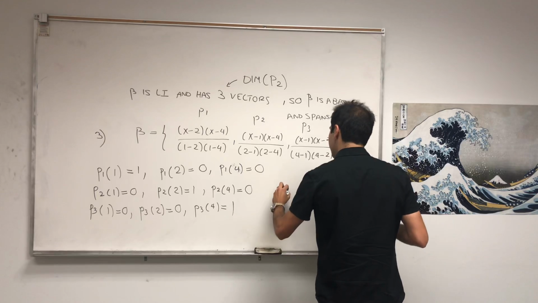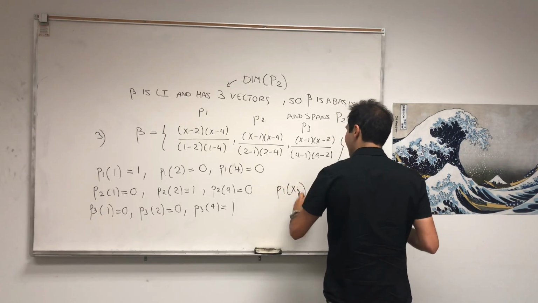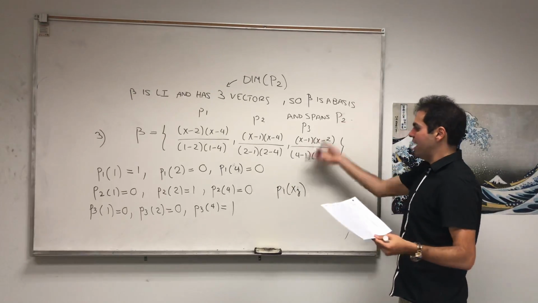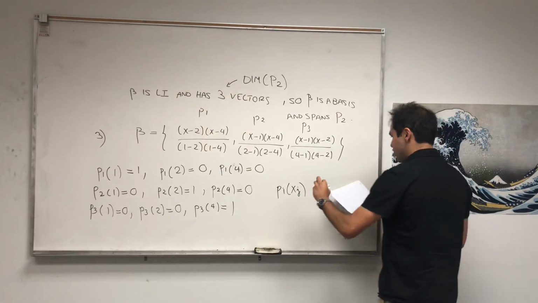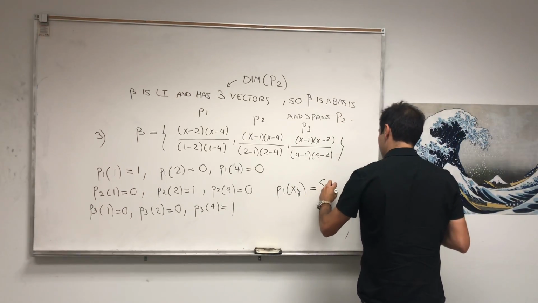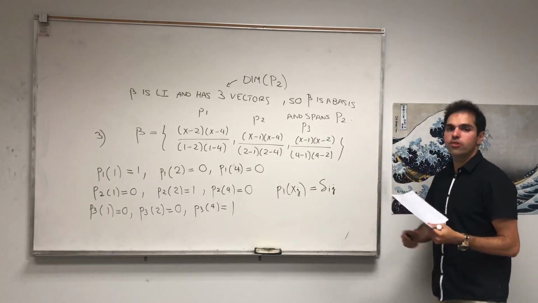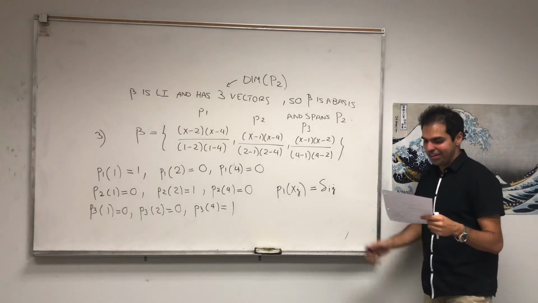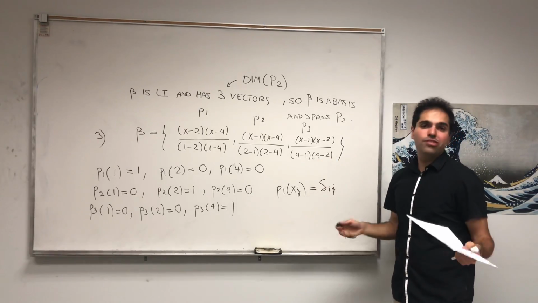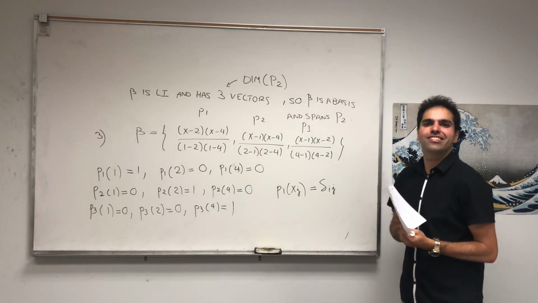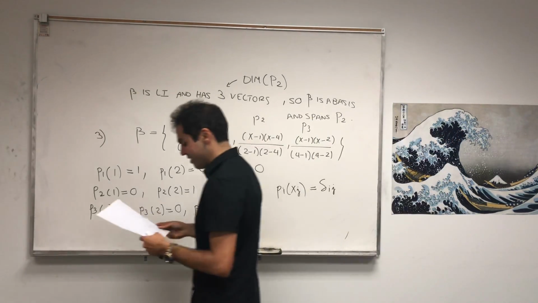So indeed, Pi of xj, where Pi is your ith polynomial and xj is your jth root, is just delta ij, which means it's 1 when i equals j, and 0 everywhere else, and it has something to do with dual bases. Again, let me learn a bit about dual spaces, and I can tell more about that.